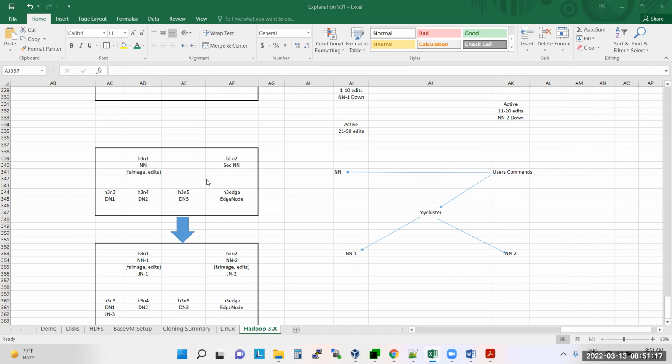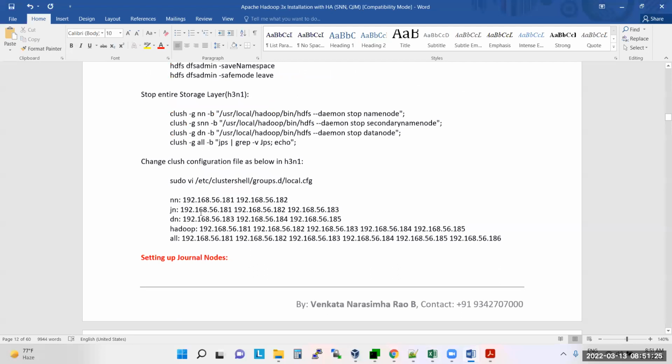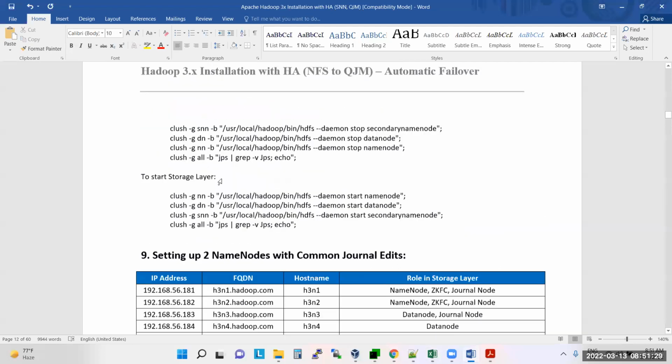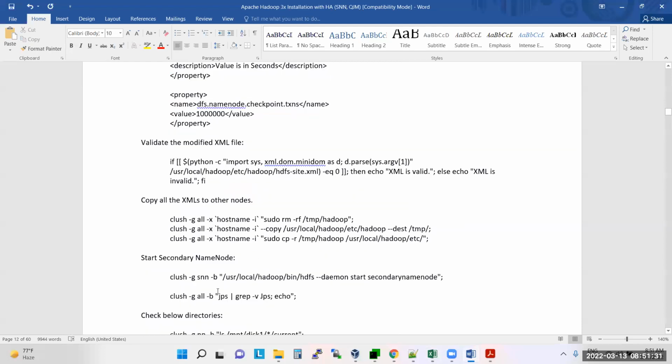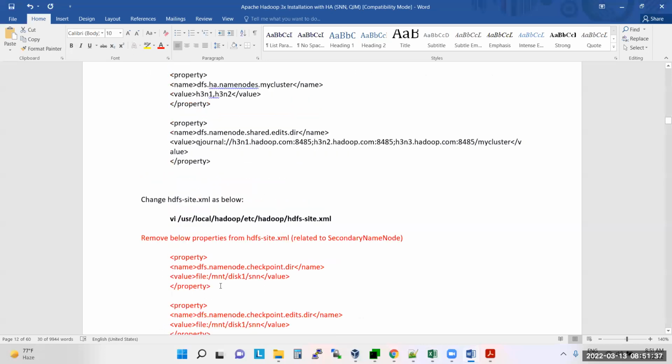Understand? Okay. So now, once this is done, validate the XML file. Let us add everywhere, sir. Validate the XML file. Which site?